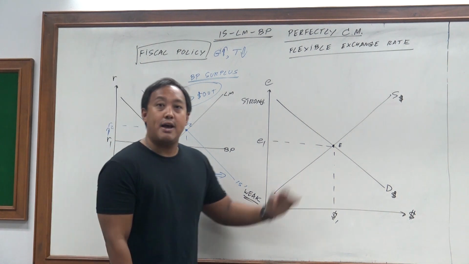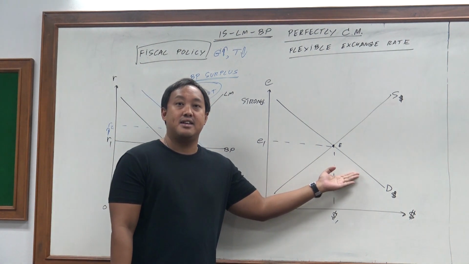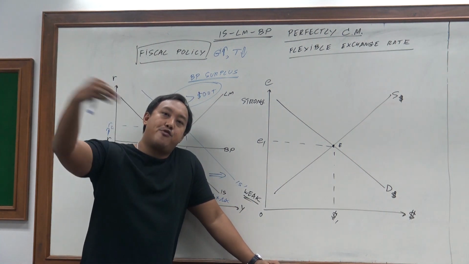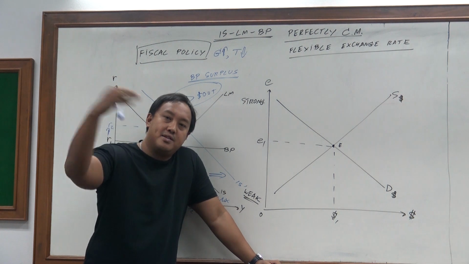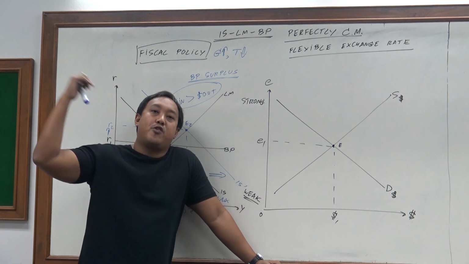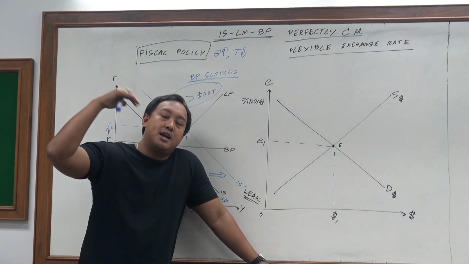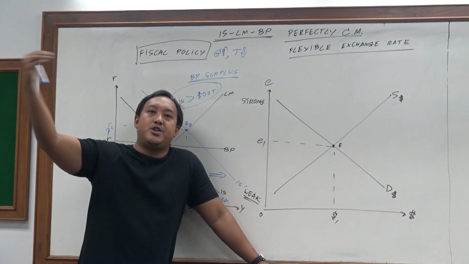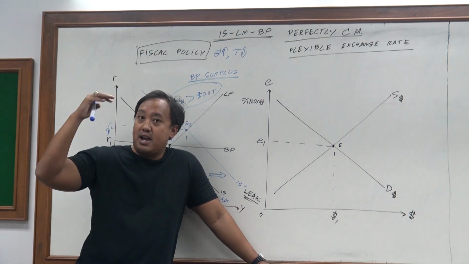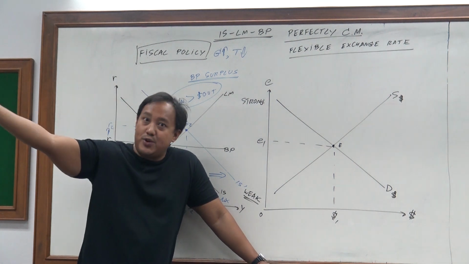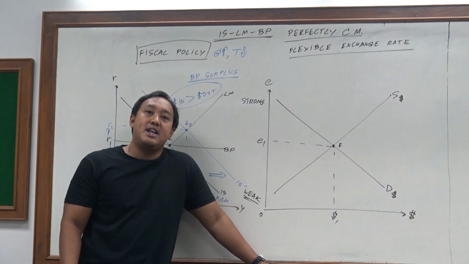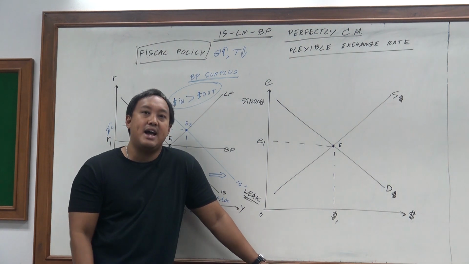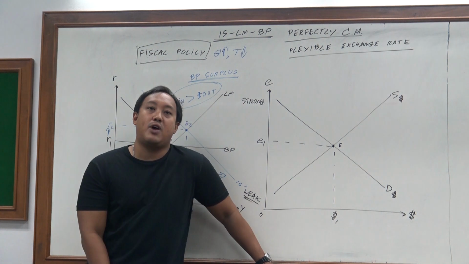Next, how it affects the currency market. When money flows into our country, for example from China to USA, from Japan to USA, or from any other country to USA, it means that they need to sell their currency and buy US dollars.